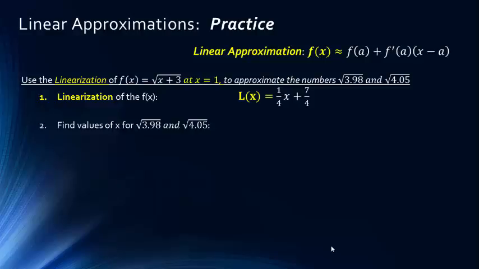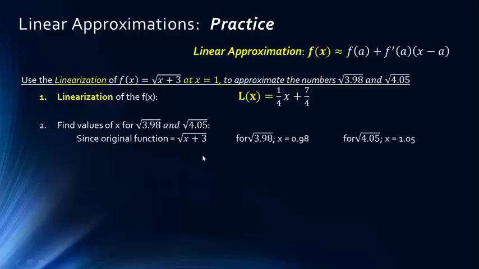Okay? So notice when we're looking for the square root of 3.98, our function that we approximated was the square root of x plus 3. So in order to get the square root of 3.98, what would x have to equal? Well, for 3.98, x would equal 0.98, because notice inside the radical we have x plus 3, or 3.98.